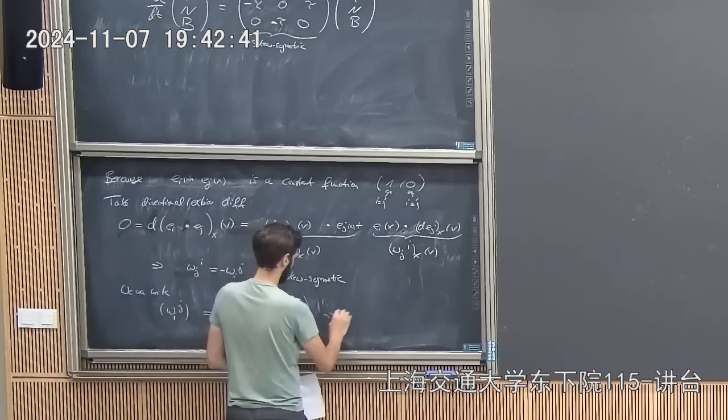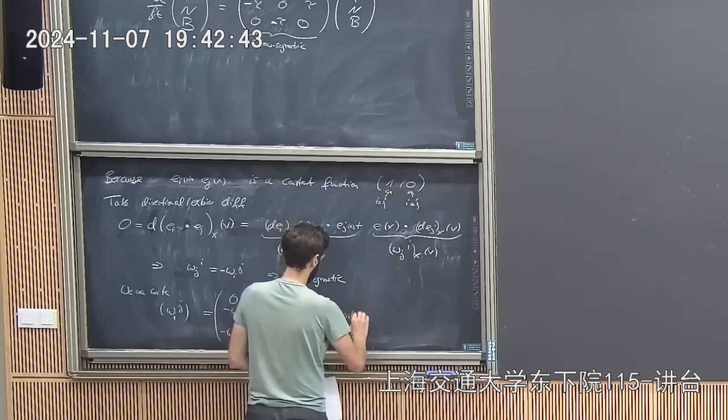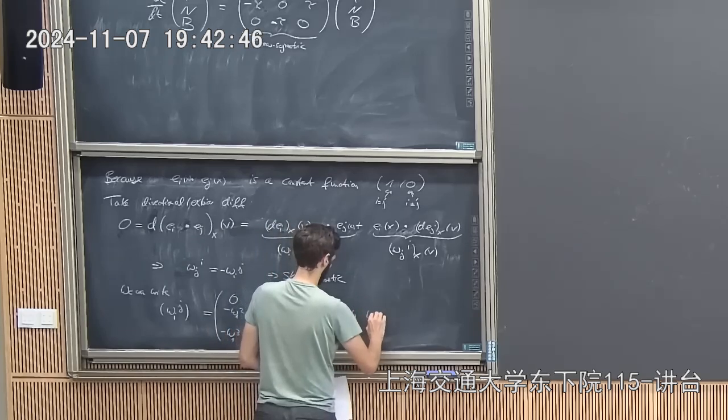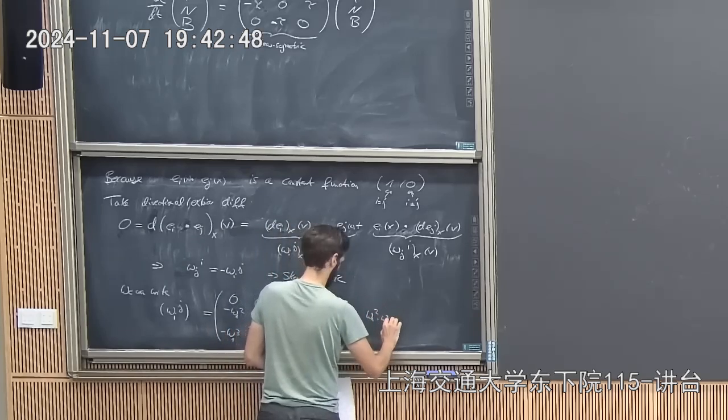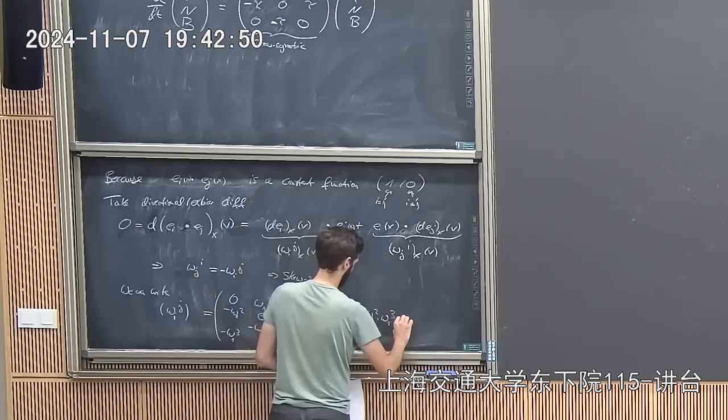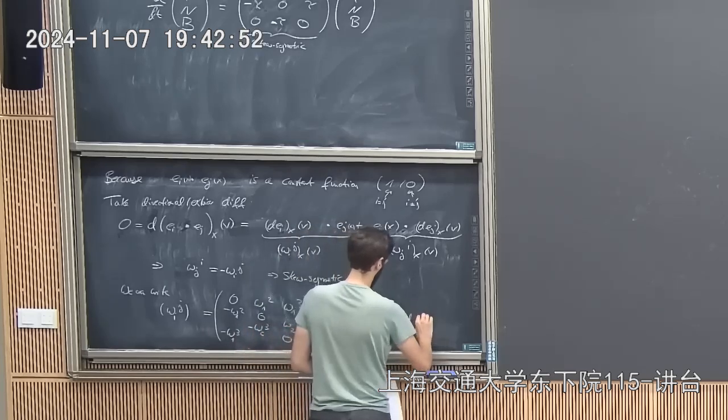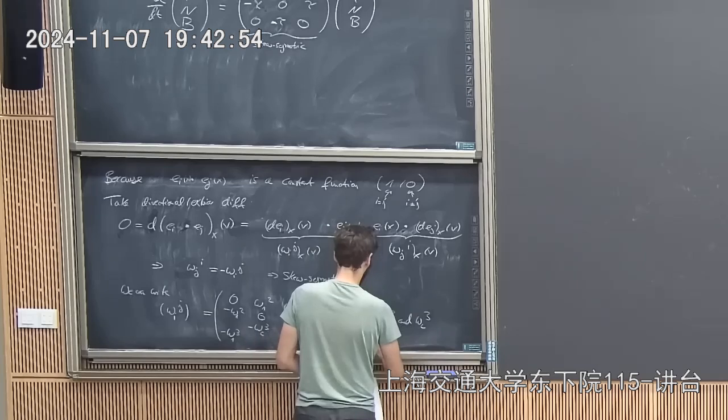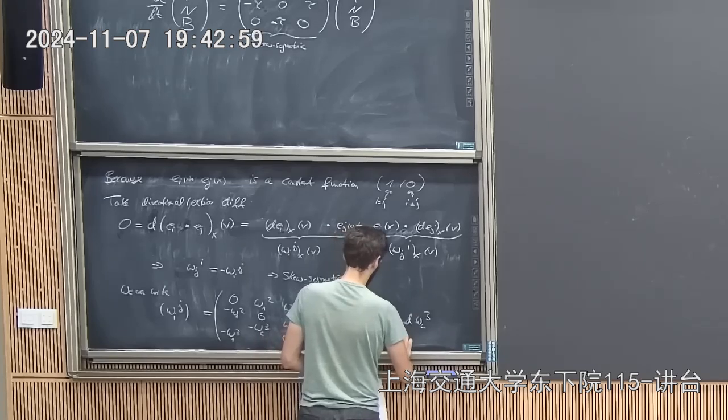So in particular, only omega 12, omega 13 and omega 23 are independent values.